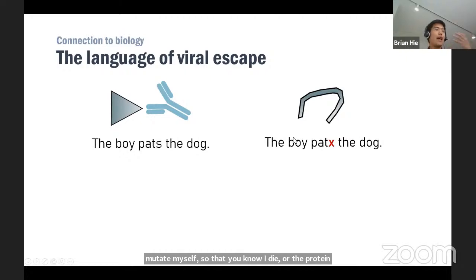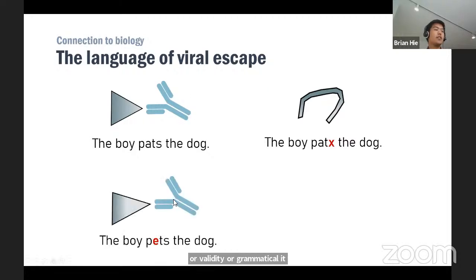So I want any mutation that I make to my surface proteins to preserve some notion of acceptability or validity or grammaticality. But I also don't want to mutate my surface protein so that it just looks pretty much the same to the immune system and I still get recognized by this antibody. So, a functionally neutral, or functionally synonymous, mutation. I also want to avoid this regime.